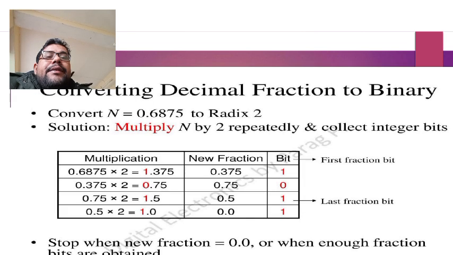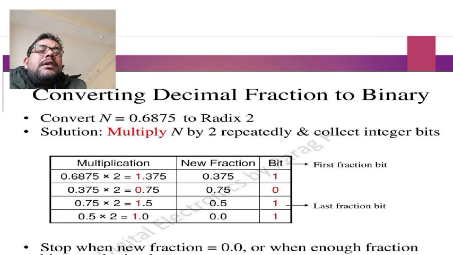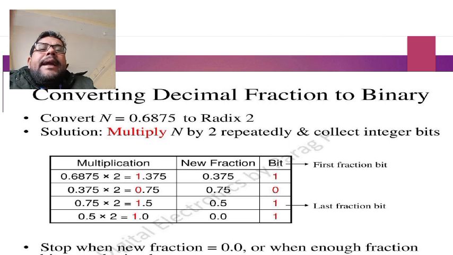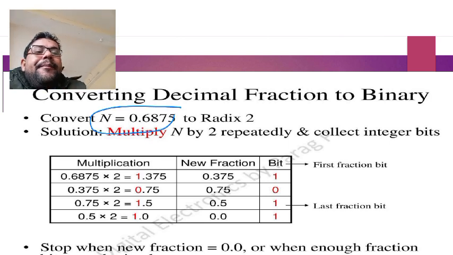If a number is given, n equal to 0.685, that number we have to convert into a binary number. This is a fraction number, starting after the point. So how will we do it?